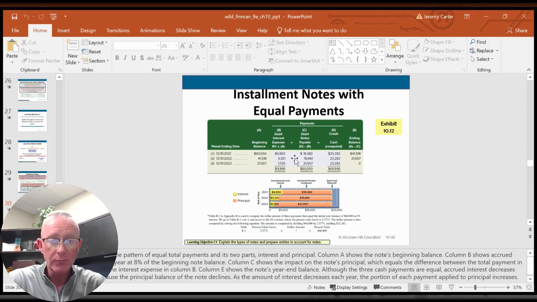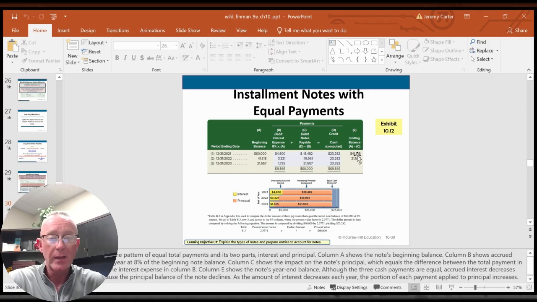So it's 8% interest for this year times our outstanding principal amount, the $60,000. That's $4,800. So of our payment, the $23,282, $4,800 of it was interest. The difference has to be what goes to the bank to reduce the loan amount that we owe them.